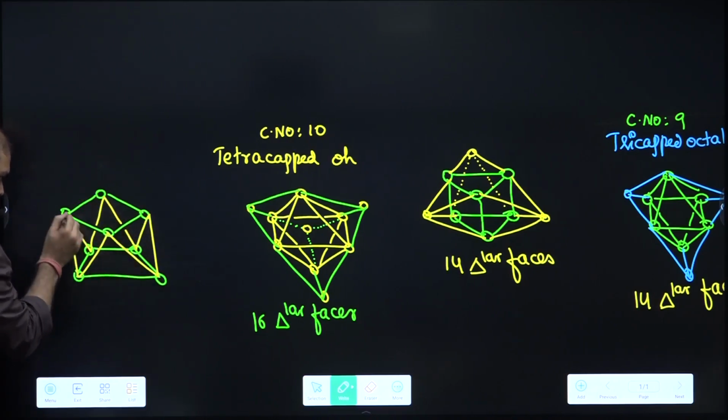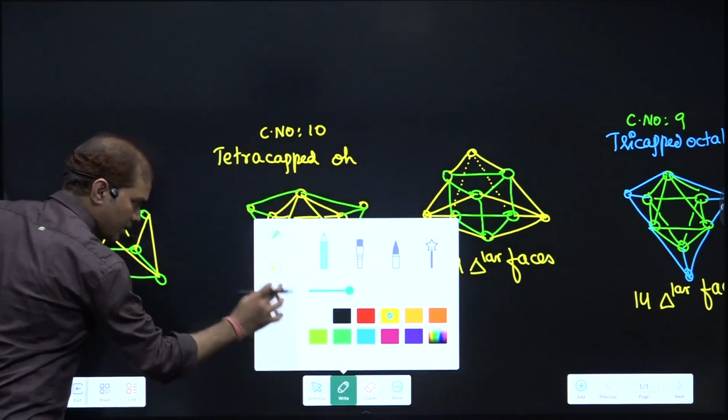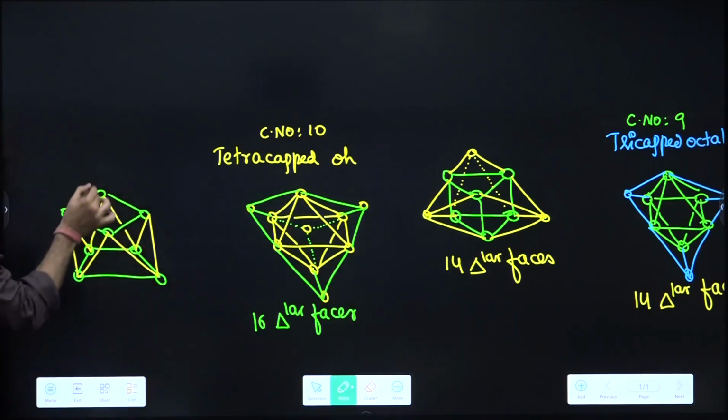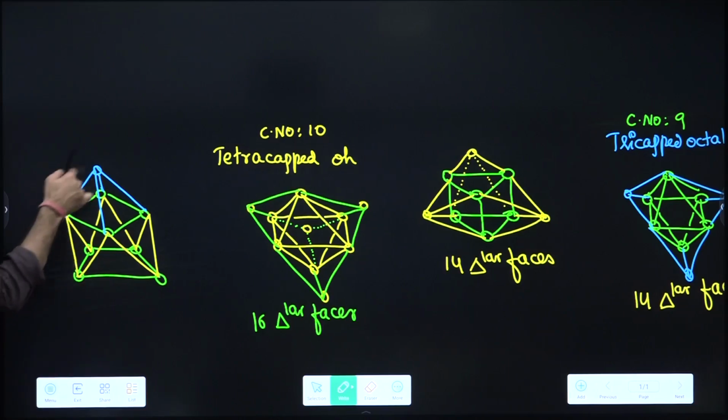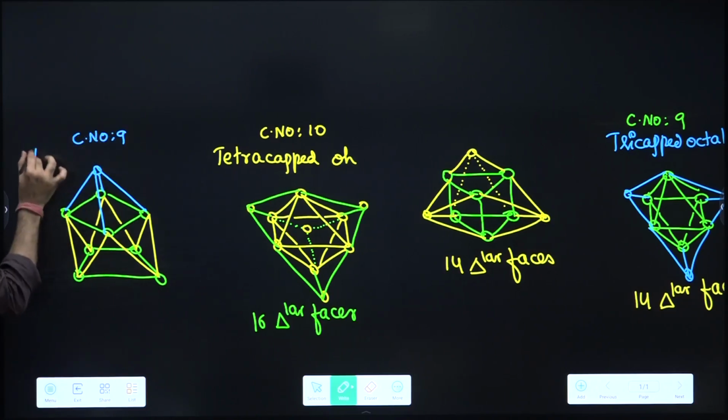This was square antiprism. If I am putting a cap above, this is coordination number 9, monocapped square antiprism. For coordination number 9, you also add this.